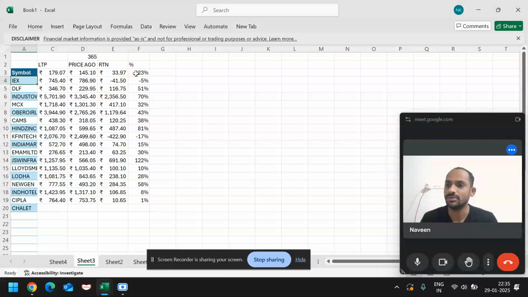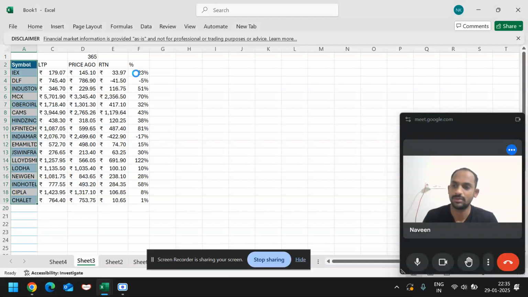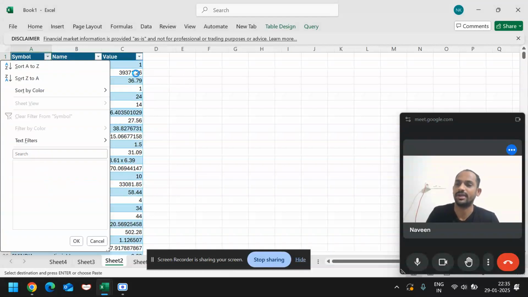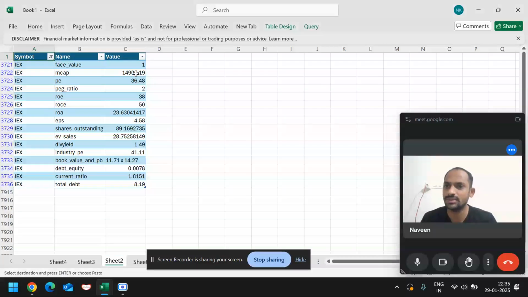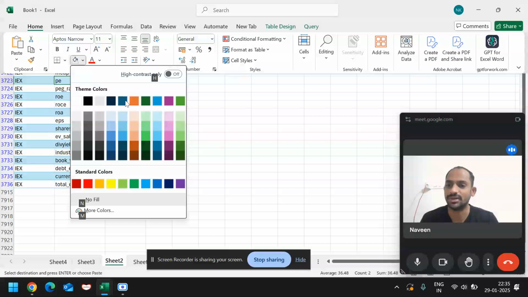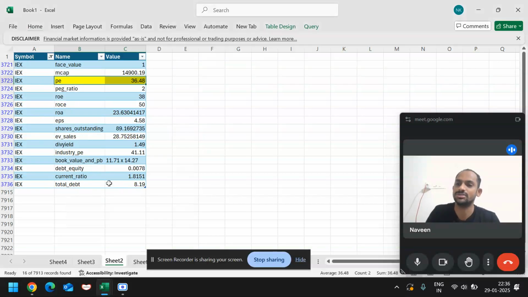Further, we'll analyze which key ratios we should look into before selecting any stock. For example, if I select IEX, I have the key important data here. The market cap of IEX is roughly 14,900 crores. The PE ratio is 36.48. The key ratio is PE.